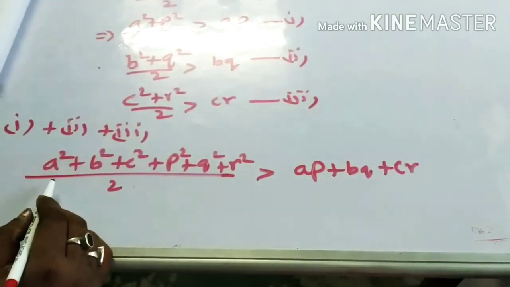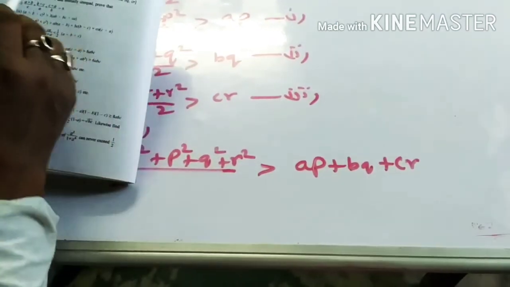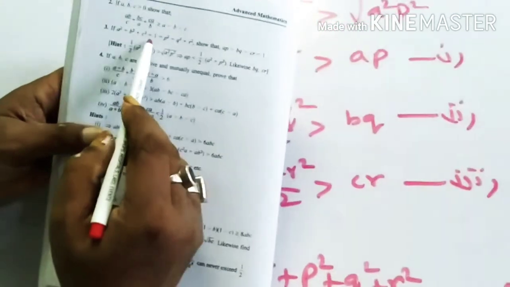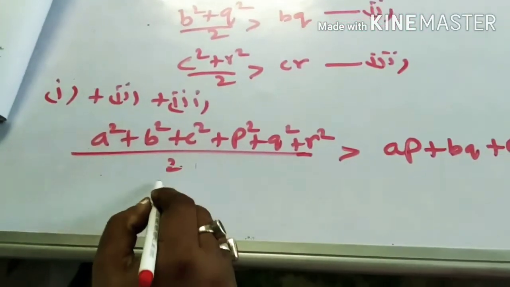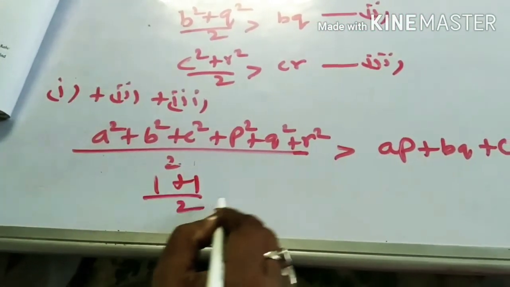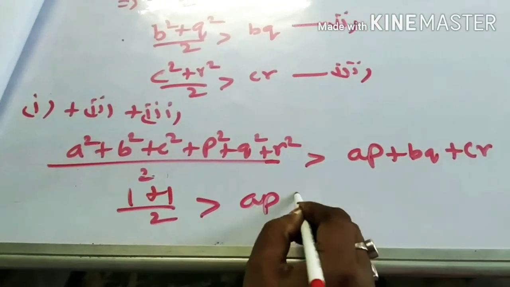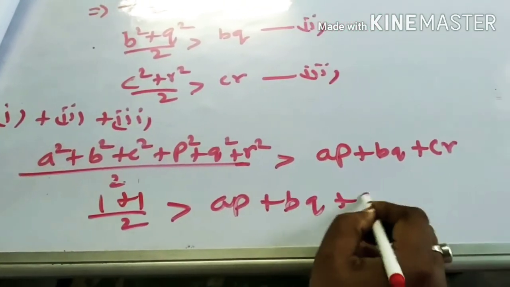So here you see it is given that A square plus B square plus C square equal to 1, and P square plus Q square plus R square equal to 1. So 1 plus 1, 2, divided by 2, 1 is greater than AP plus BQ plus CR.